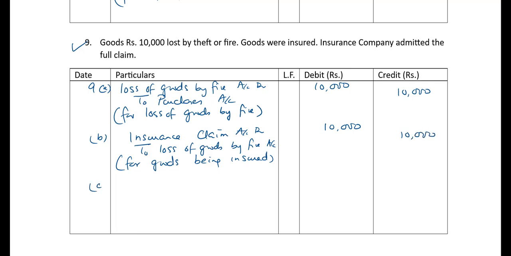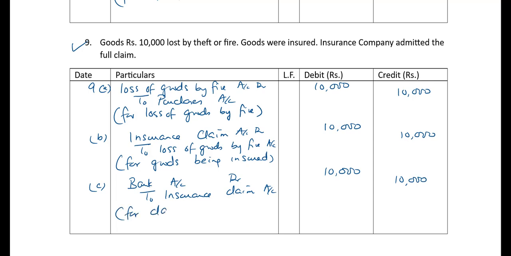And whenever the amount of the claim is received, we debit bank account with 10,000 to insurance claim account. The entire claim has been admitted. For claim received.